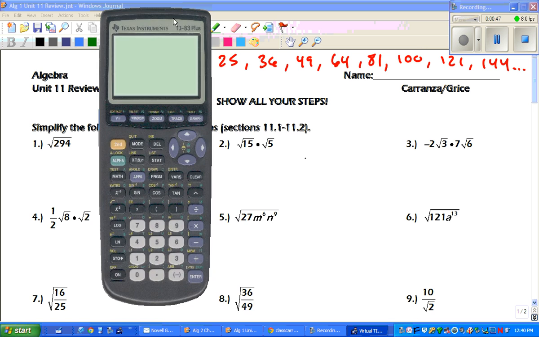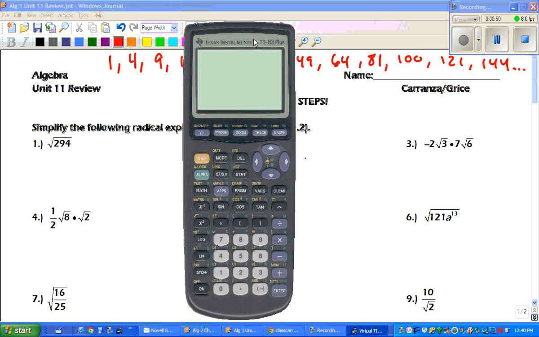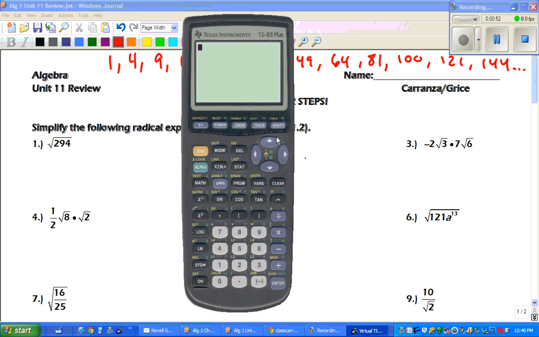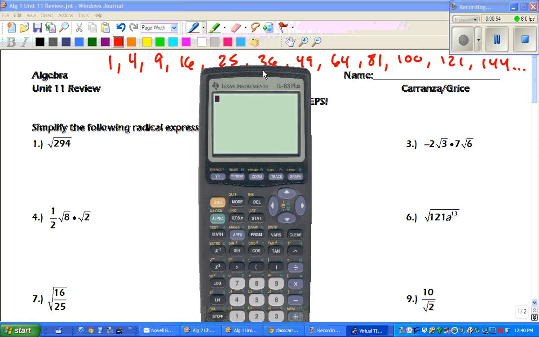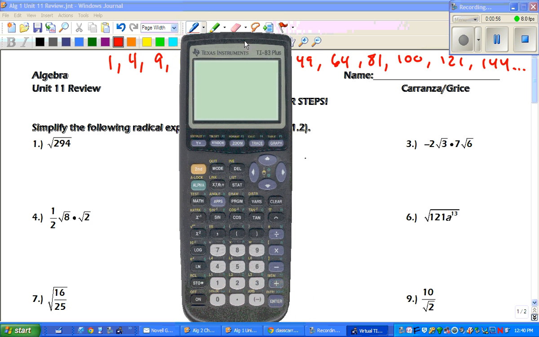Remember, the way that we do this is we start with our calculator. So there are the perfect squares. I actually need that. So, 294, we're going to start with the highest. Nope. And then we just move down the list. Nope. Nope.